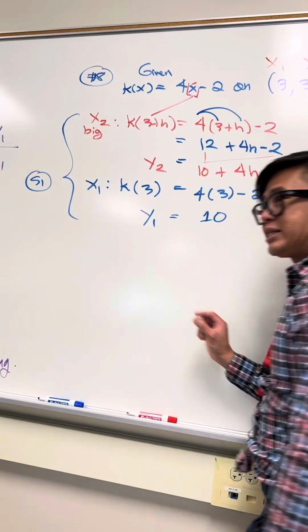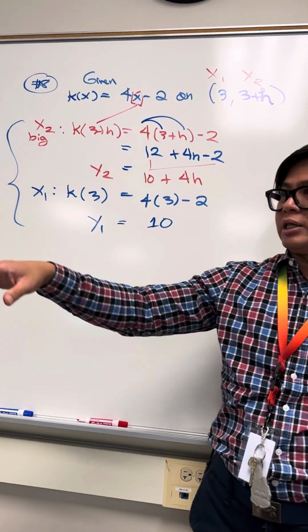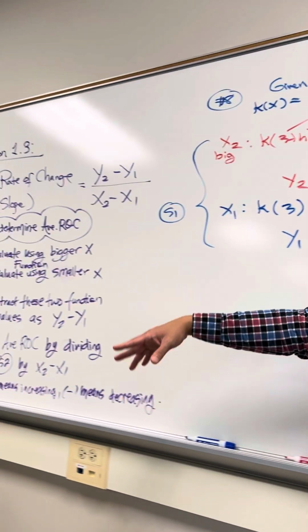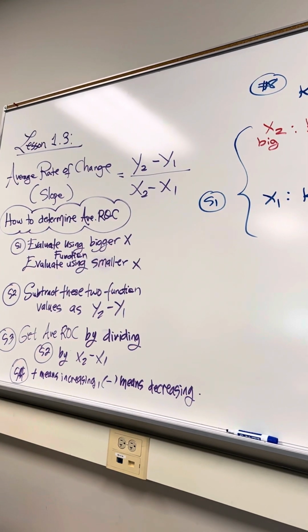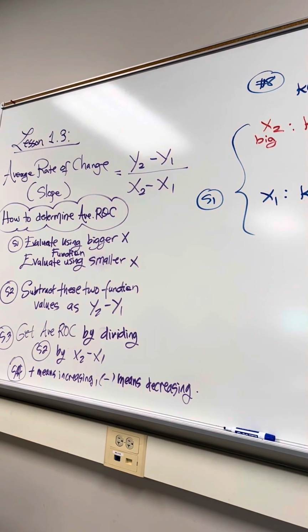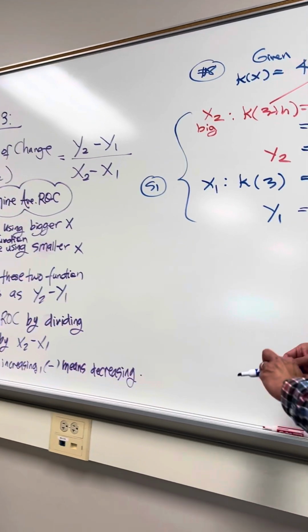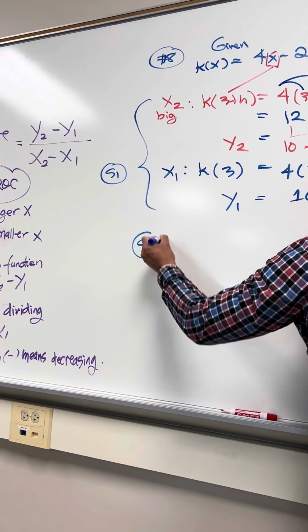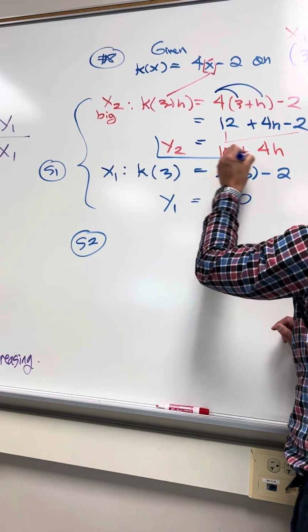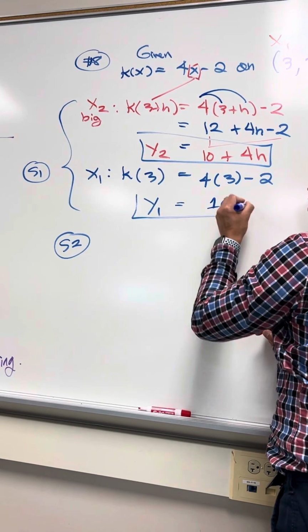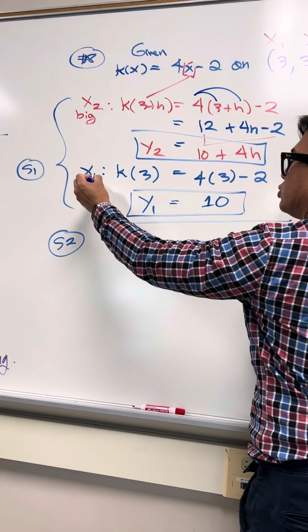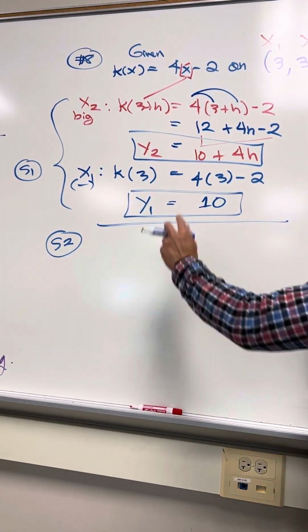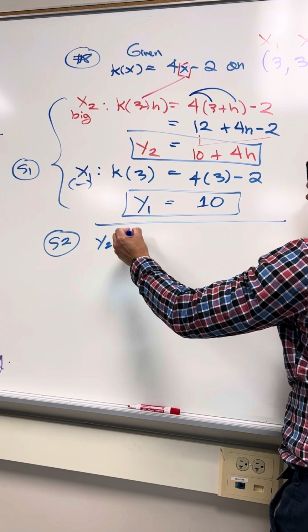Okay. What's step number 2? Let's read our step number 2. Isaac, go ahead. Subtract these two function values as y2 minus y1. Thank you. All right. So step number 2, see this y2? You see this y1? Subtract them. So what's y2 minus y1 in here?